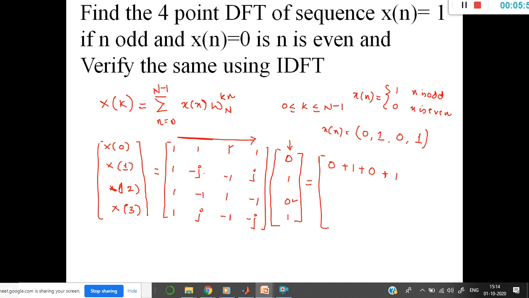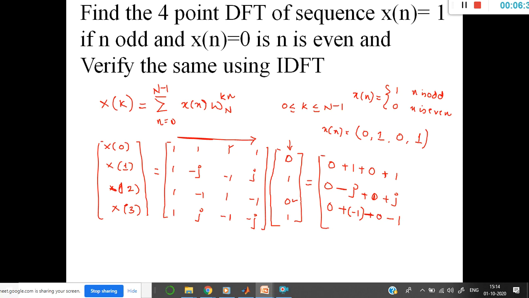Then coming to the second row, 1 into 0 is again 0, minus j into 1 is minus j, minus 1 into 0 is again 0, j into 1 is plus j, right? Then third row: 1 into 0 is again 0, minus 1 into plus 1 is minus 1. So let me write here minus 1 in this way, and plus 1 into 0 is again 0, plus minus 1 into minus 1 is minus 1.